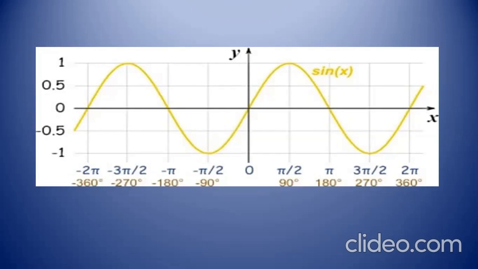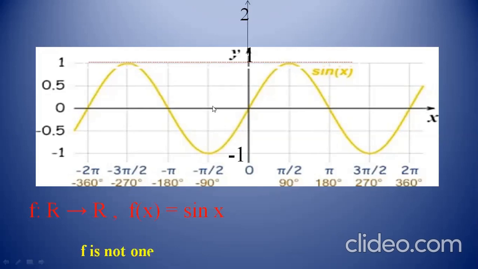That's why sin x is not a 1-1 function. We can also check graphically. If we draw a line parallel to the x-axis, it intersects the curve at more than one point. So we can say sin x is not a 1-1 function.